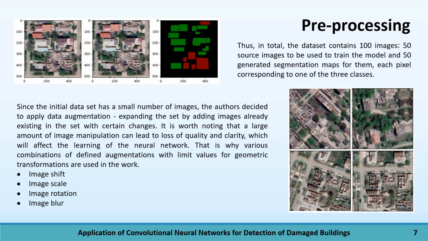It is worth noting that a large amount of image manipulation can lead to loss of quality and clarity, which will affect the learning of the neural network. That is why various combinations of defined augmentations with limit values for geometric transformation are used in the work, for example, image shift, scale, rotation, and blur.